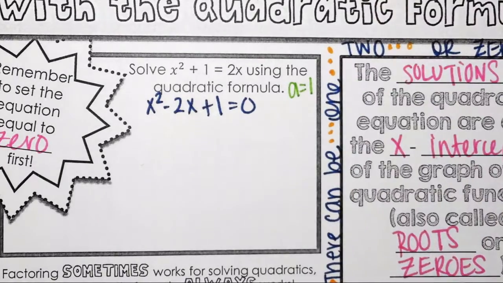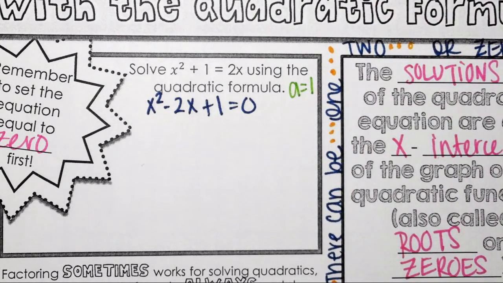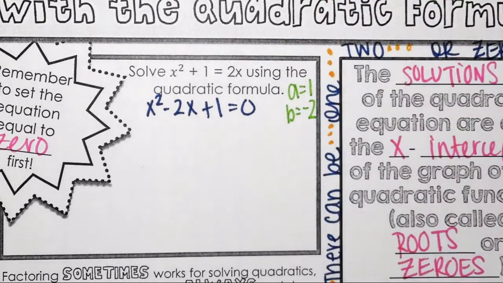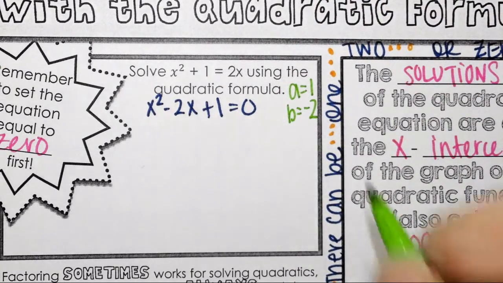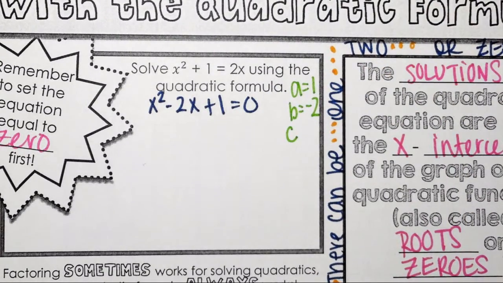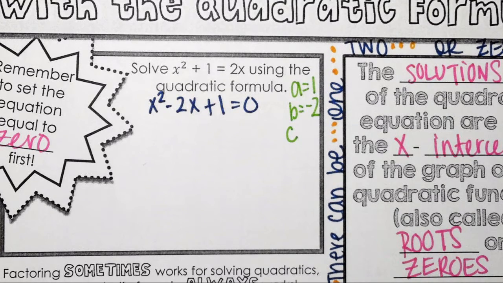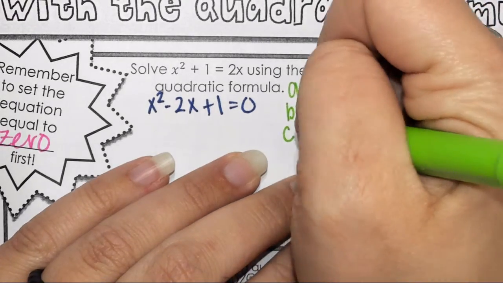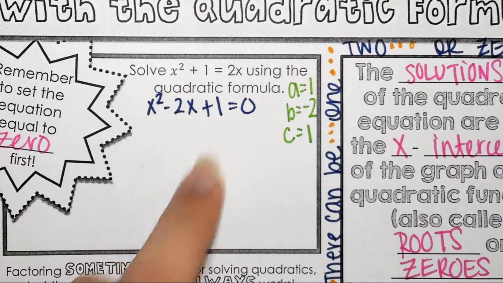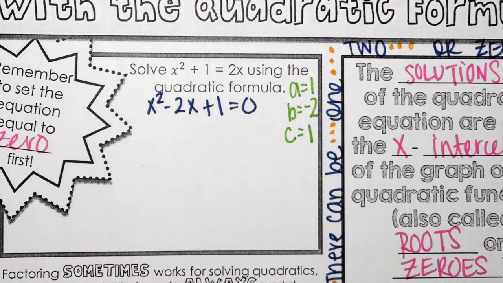Take a point, Reggie. What does b equal this time? Negative 2. Good. And what does c equal? C is 1.